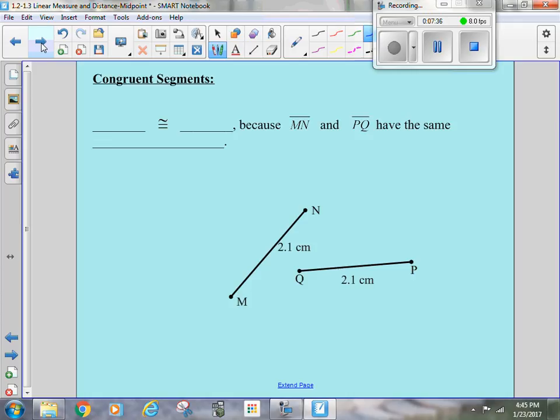Now we're going to talk about what it means to be congruent. Congruent segments. In this example, we have segments MN and QP. And so we have that MN is congruent to QP. This symbol right here means is congruent to.